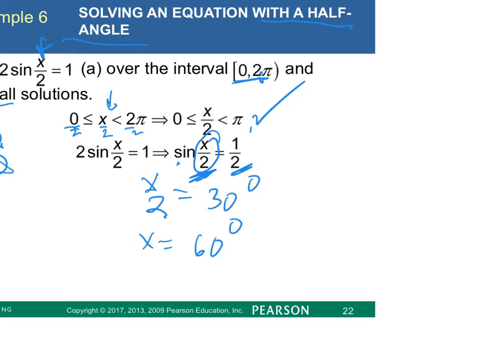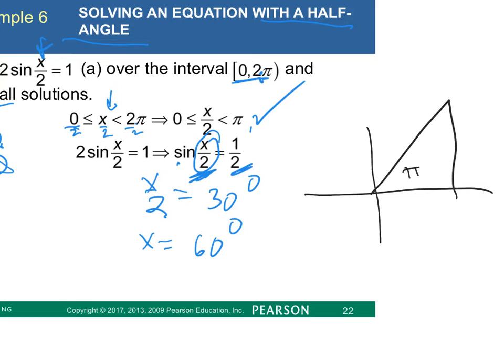So if I graph my solution here, 60 degrees, which is pi over 3. And that's my x. Think about it.